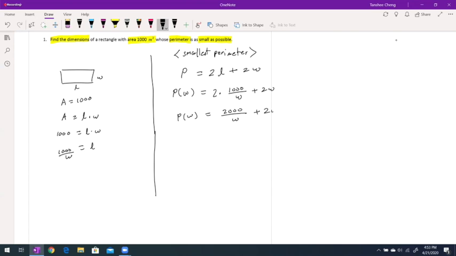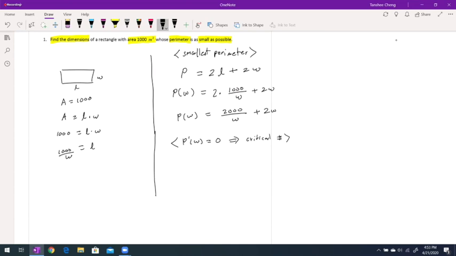What we want is to find the maximum or minimum of this function. So according to what we learned from section 3.5, we need to find the critical number. The critical number is when P prime of W is equal to 0.